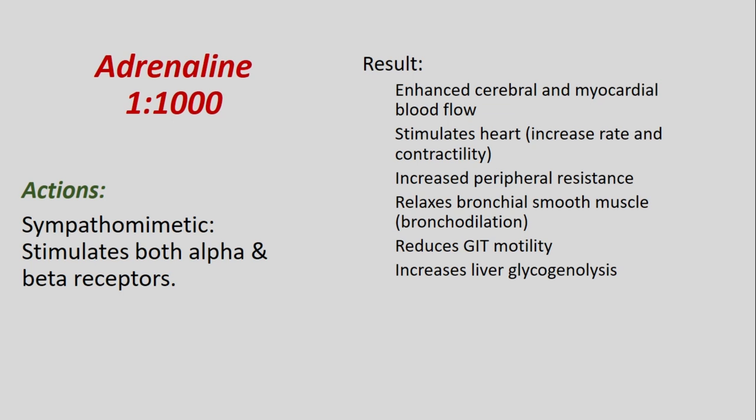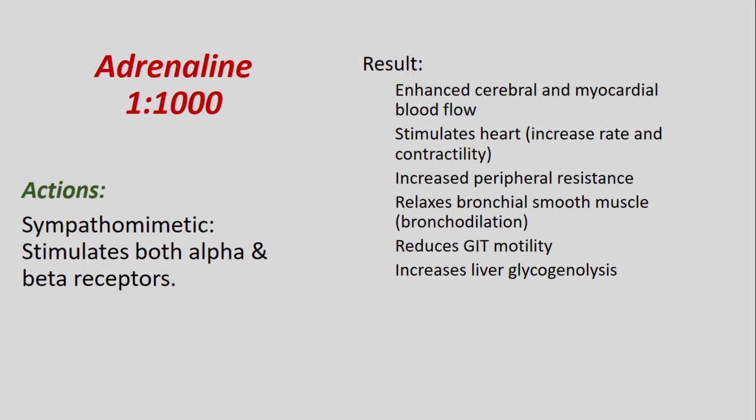This is because adrenaline is a non-selective agonist, meaning it can act on both alpha and beta receptors within the body. It can activate almost all adrenergic receptors. Adrenaline acts by binding to a variety of adrenergic receptors, triggering a number of metabolic changes.